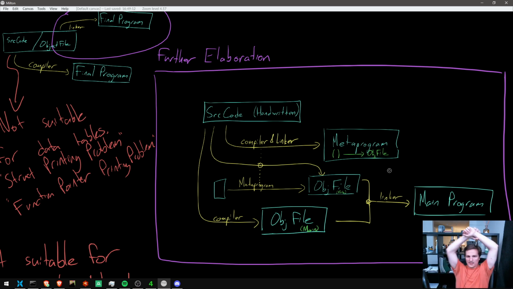And the reason that I think that this might be more of a realistic way of doing it is that if I start dealing with object files as the inputs and outputs, I might be able to build the metaprogram in such a way that the point is to replace the data that gets created by the compiler: the data for the metaprogram, and not the data for the final program, right?